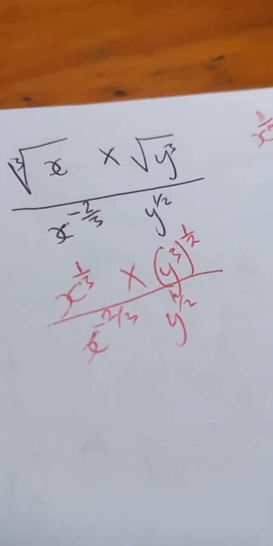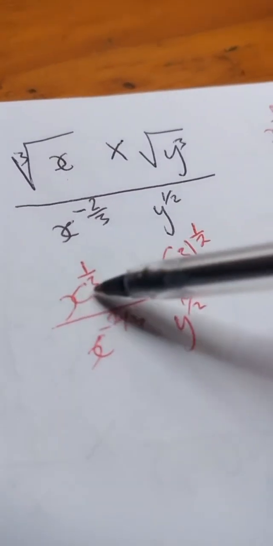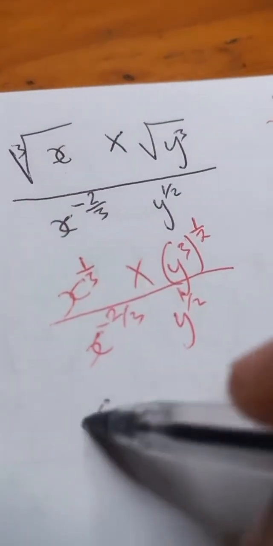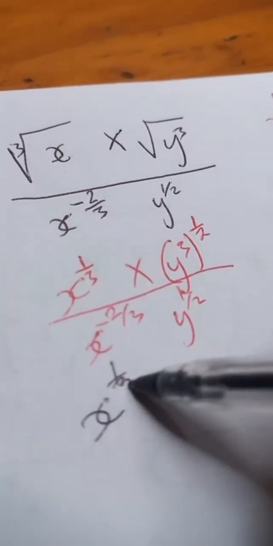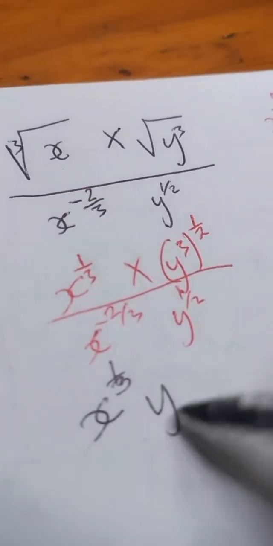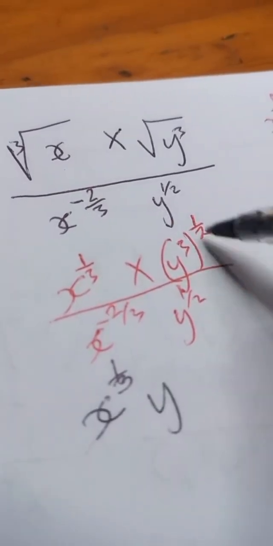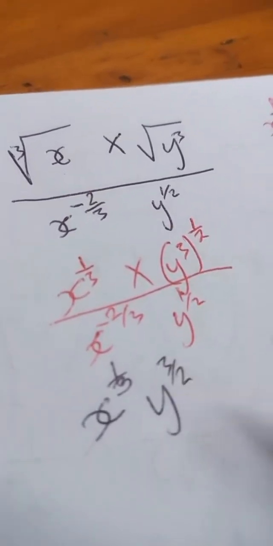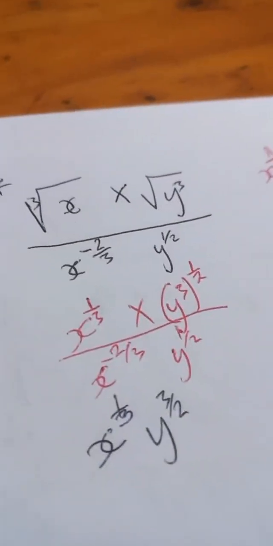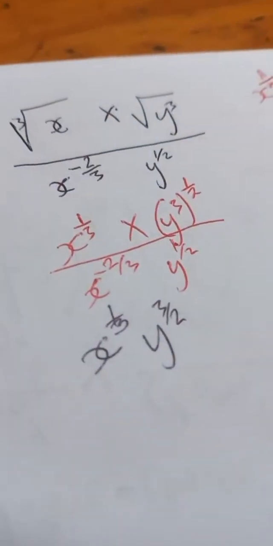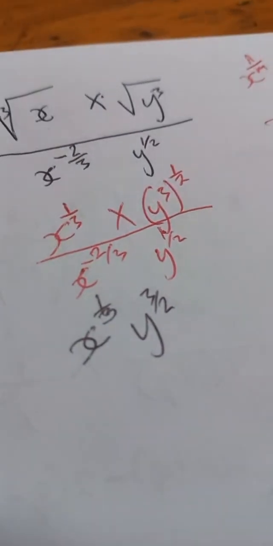And then here is going to be x to the power 1 over 3 times y to the power 3 over 2.